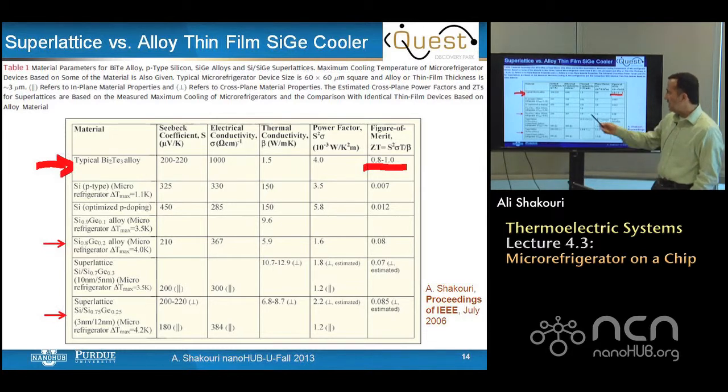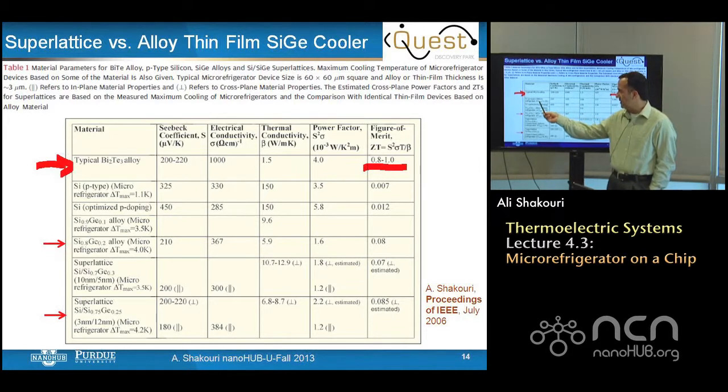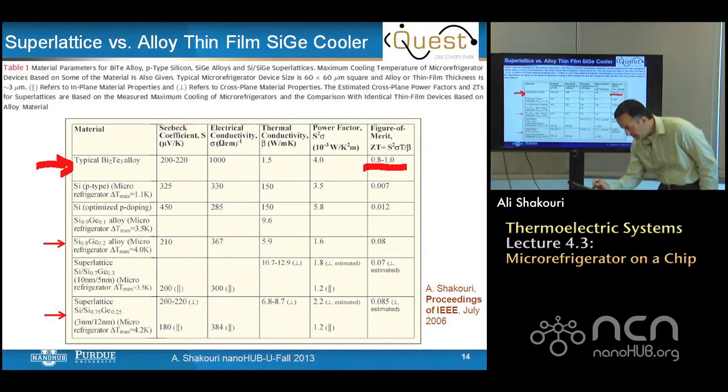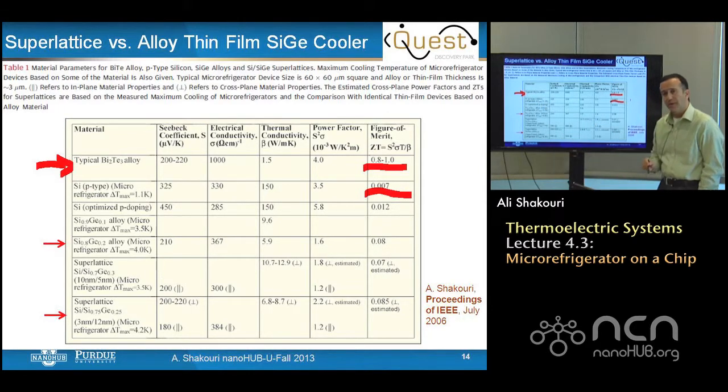A silicon refrigerator can cool about 1 degree, even though the ZT is 0.007, very small ZT. The power factor of silicon is similar to bismuth telluride, is high. What is the problem is the large thermal conductivity of silicon.